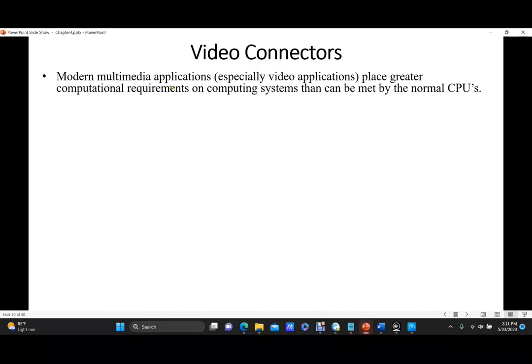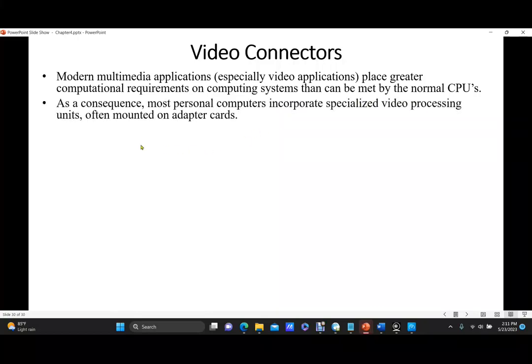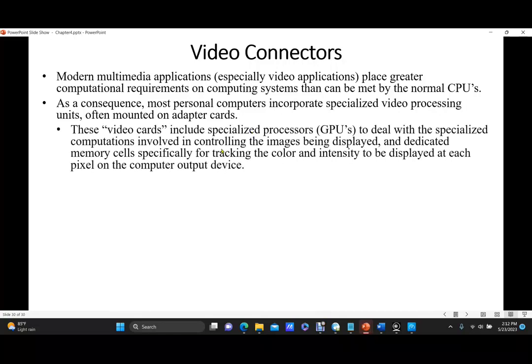Modern multimedia applications, especially video applications, place greater computational requirements on computing systems than can be met by normal CPUs. As a consequence, most personal computers incorporate specialized video processing units, often mounted on adapter cards.